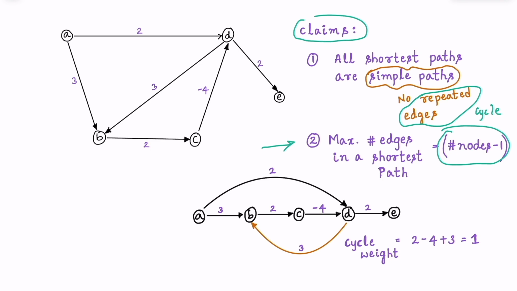If the path goes through all the n nodes, that means there are n minus 1 edges, like in this case. This path from A to E goes through all the nodes B, C, D. So the number of edges in this path will be the total number of nodes, which is 5, minus 1, equal to 4 edges. With these two claims, let's see how Bellman Ford algorithm works.